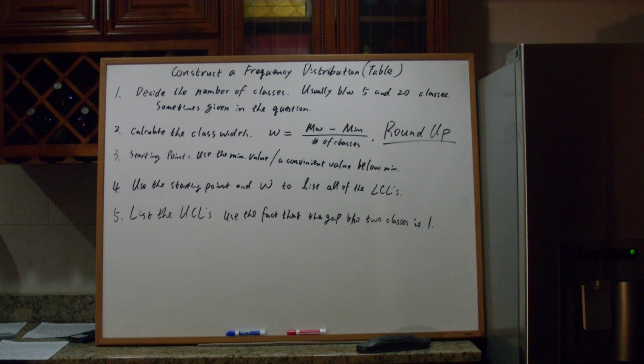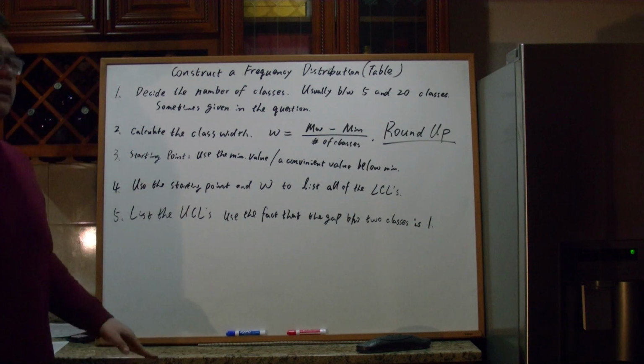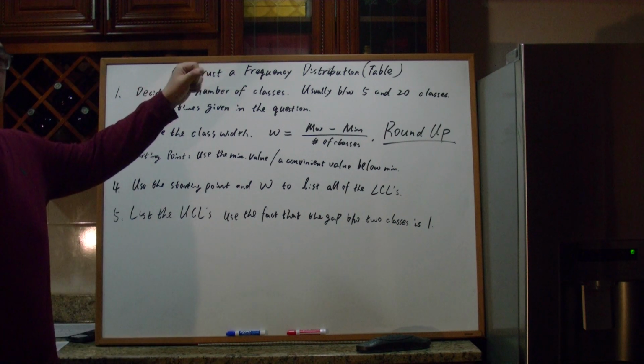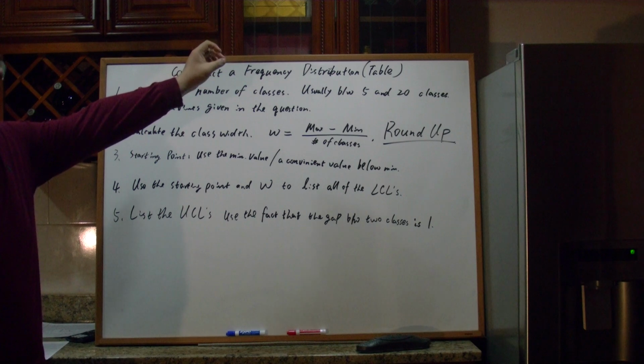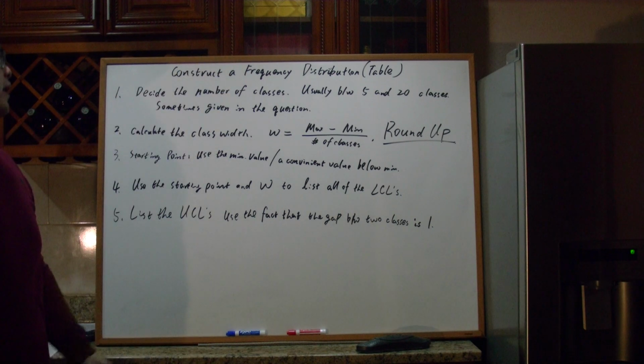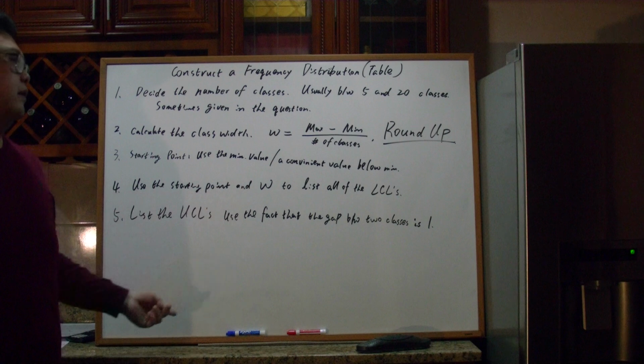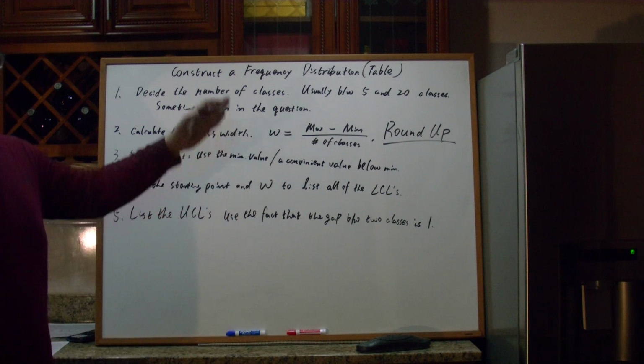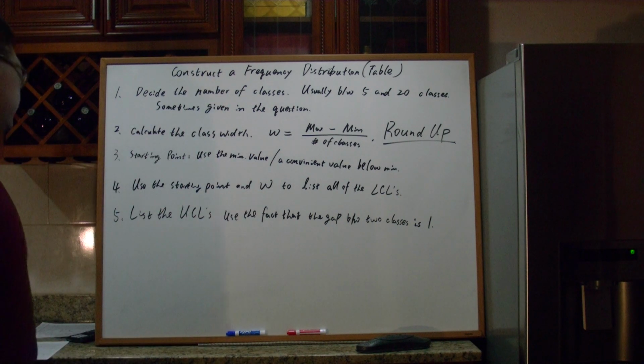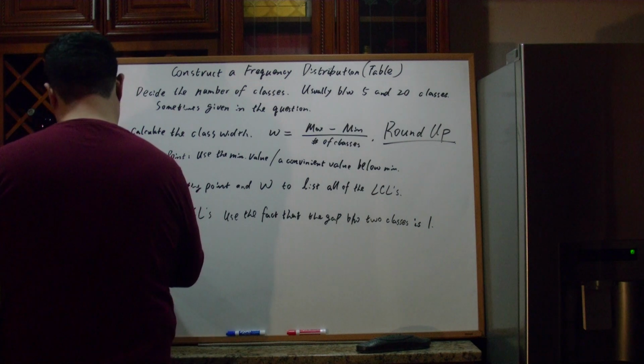To make the gap 1, if we have all the lower class limits, then we have the upper class limits. If we list every upper class limit, we could use the width as well, or we could just add one to list everything. Then the last one is tally.